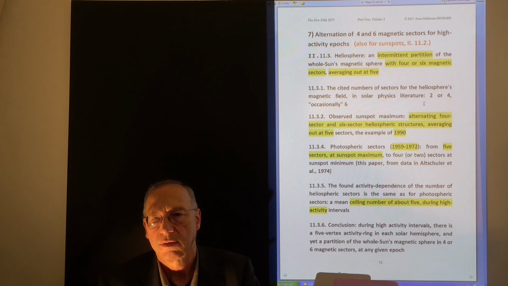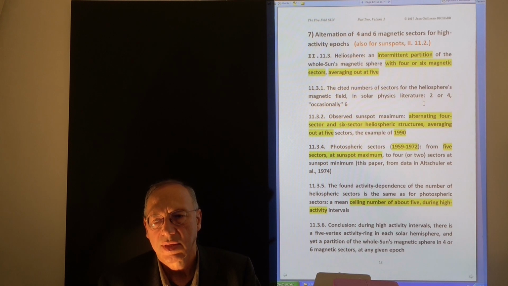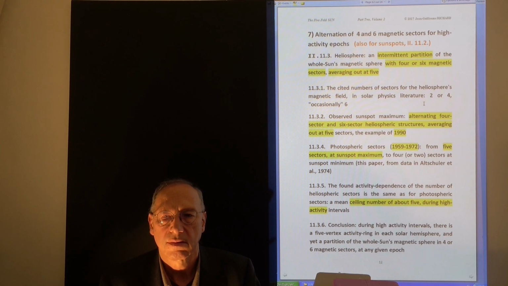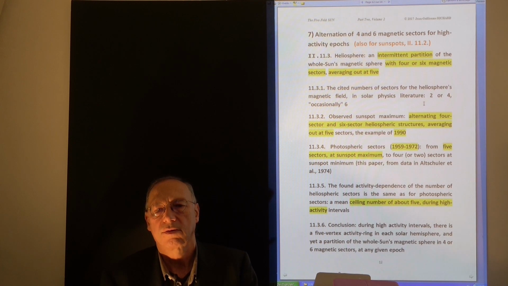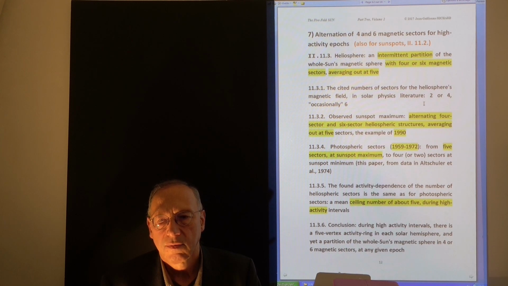We go directly now to the case of the magnetic sectors in the solar wind, and we find from the meta-analysis of this solar wind sector structure in solar physics literature that in fact, for example, in 1990, at this particular decadal maximum in solar activity, there was an alternating 4-sector and 6-sector structure which averaged out over the entire span of a few years of this sunspot maximum to 5 sectors.